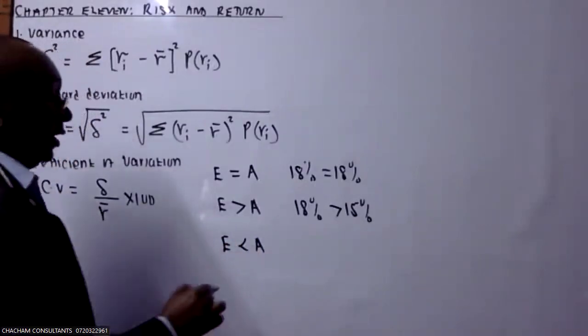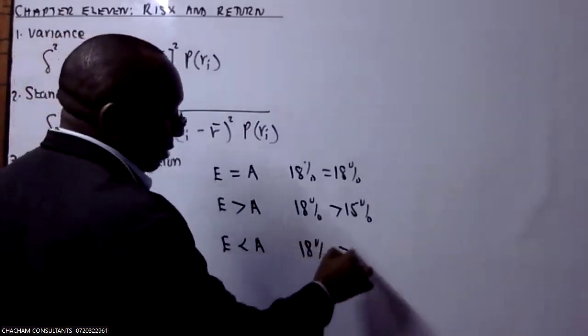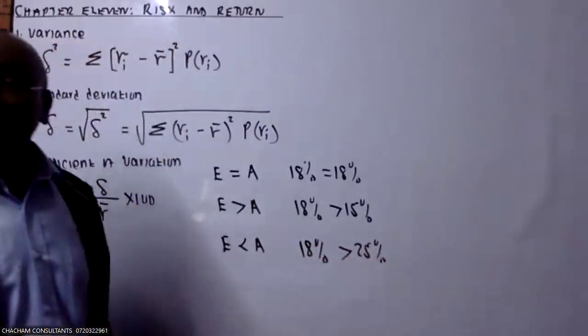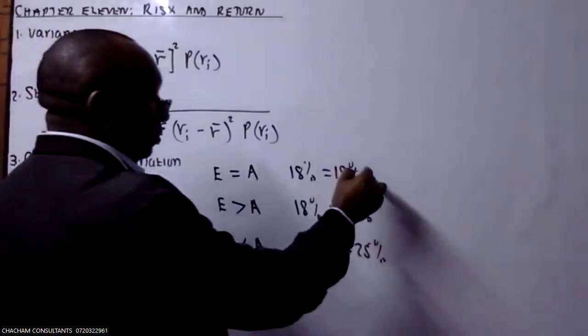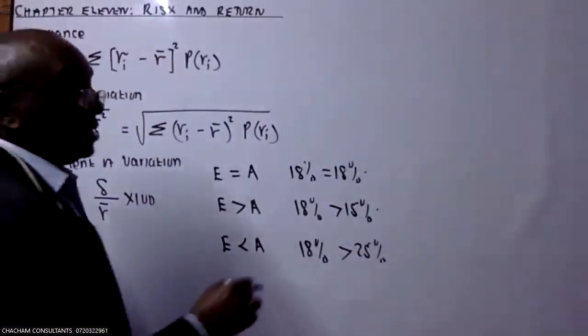The next one is where expected is less than actual. This is where, for example, you are expecting to get 18%, but the return turns out to be 25%. Now, as I've said, this one has no emotion. This one has an emotion of pain.